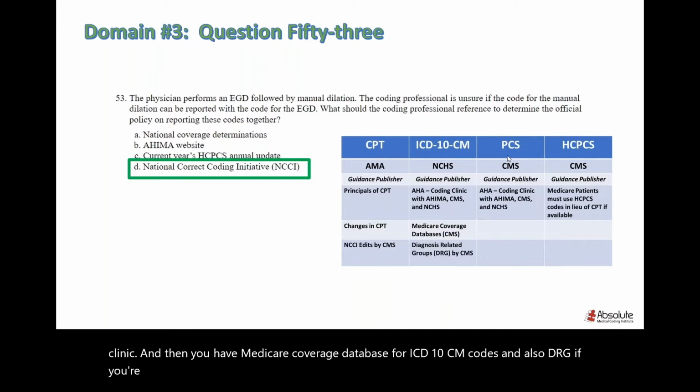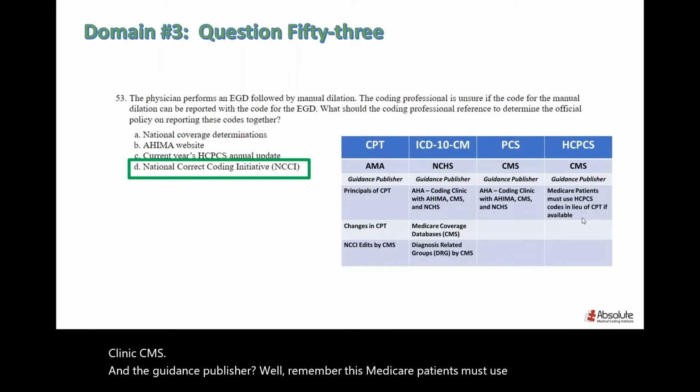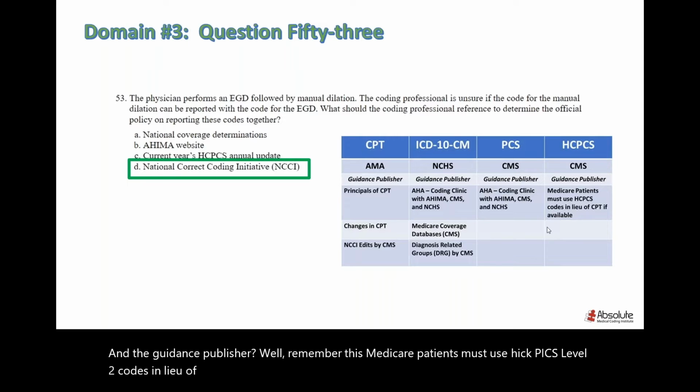And PCS codes are created by CMS, and then the guideline publishers, AHA Coding Clinic. HCPCS, CMS, and the guidance publisher, well, remember this, Medicare patients must use HCPCS Level 2 codes in lieu of CPT if available. So there's no guidance publisher, okay?